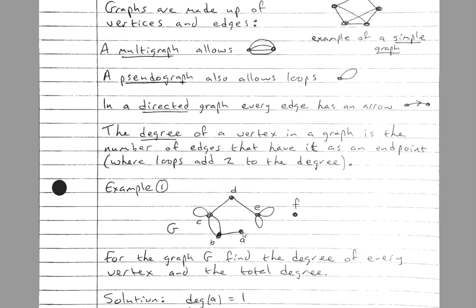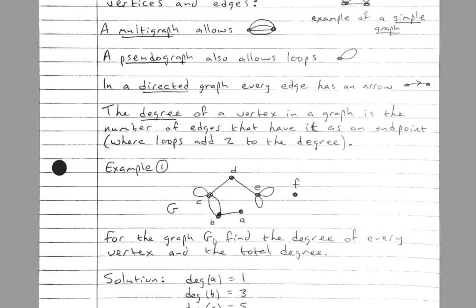So here's an example. This graph has 6 vertices, A, B, C, D, E, and F. And we want the degree of every vertex, and then add up all those degrees to get the total degree.